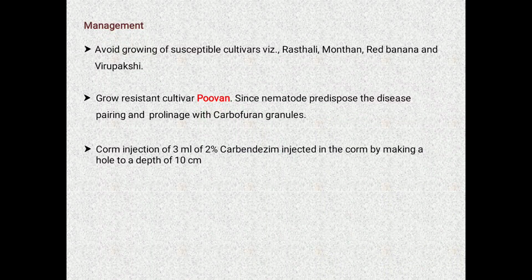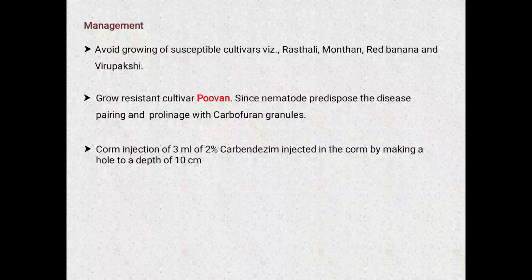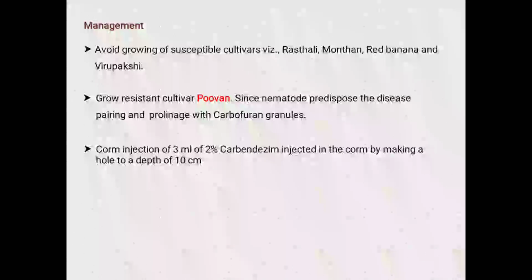We have to use some chemicals also. The combination of all these management practices we have to use to tackle the problem of diseases caused by pathogens. So here we stop.